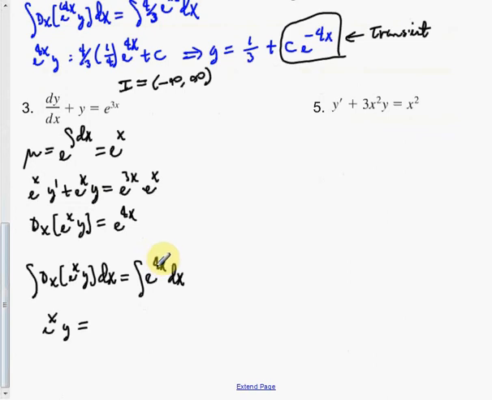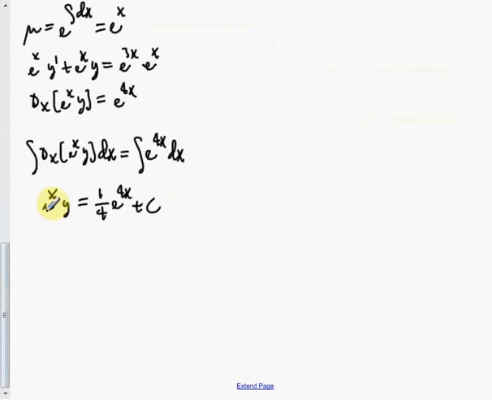Just like the previous problem, you have to use a u du substitution, right? That's how we get the fraction. So 1 over 4 times e to the 4x plus c. Divide everything through by e to the x. We get y is equal to 1/4 plus c times e to the negative x.